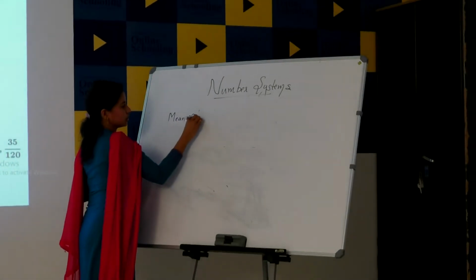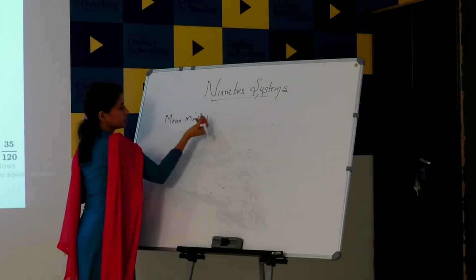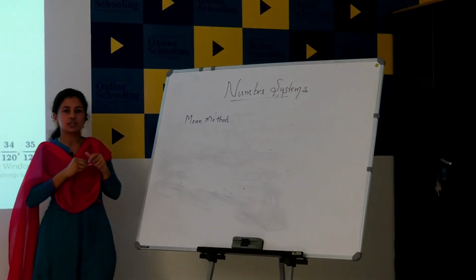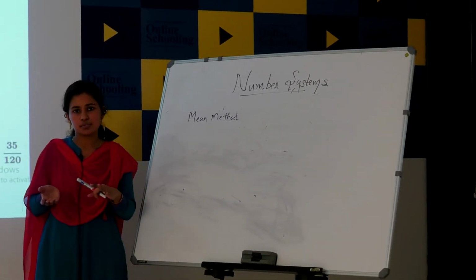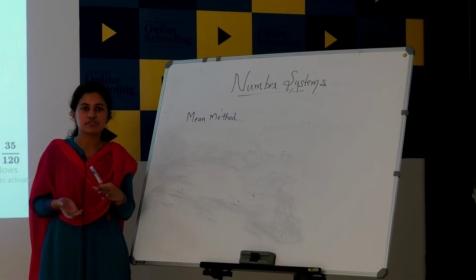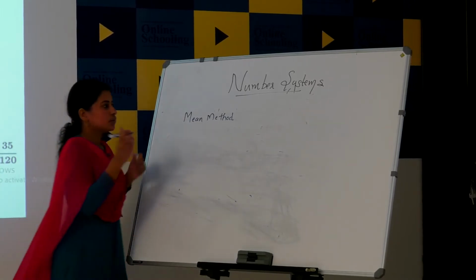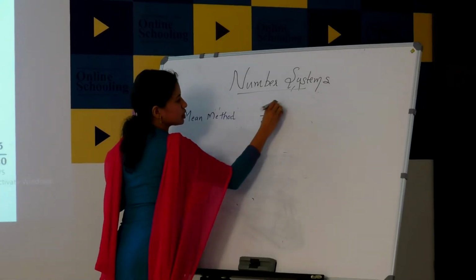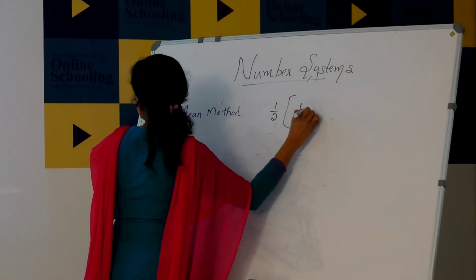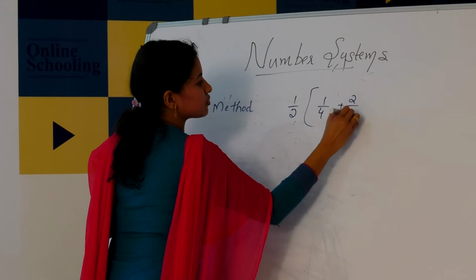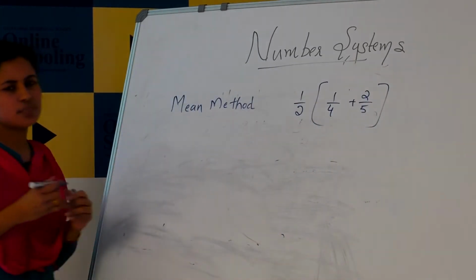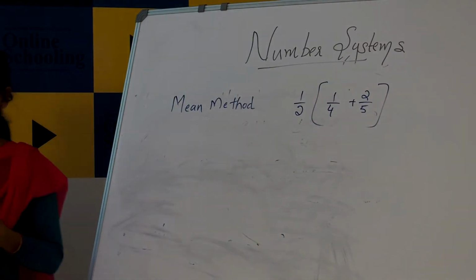By using the mean method, it is very difficult in this case, because above, 1 and 2 are integers, so we can easily find the average between 1 and 2. But here we must find the average, which is 1 by 2 into (1 by 4 plus 2 by 5). So the calculation would be quite difficult.